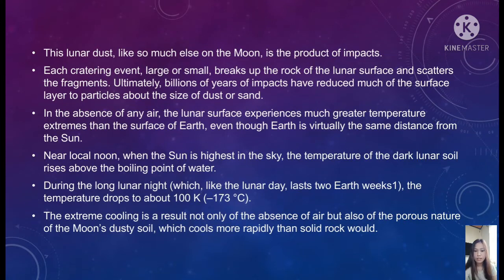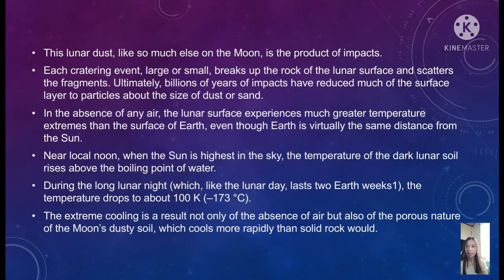Ultimately, billions of years of impacts have reduced much of the surface layer to particles about the size of dust or sand. In the absence of any air, the lunar surface experiences much greater temperature extremes than the surface of Earth. Even though Earth is virtually the same distance from the Sun, near local noon, when the Sun is highest in the sky, the temperature of the dark lunar soils rises above the boiling point of water.